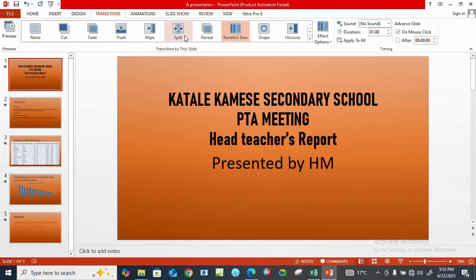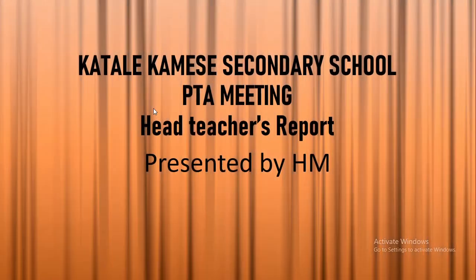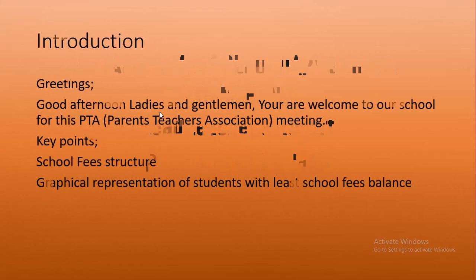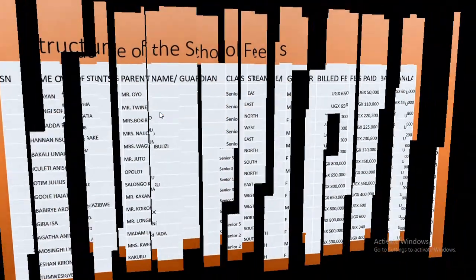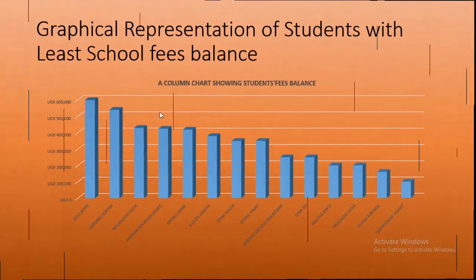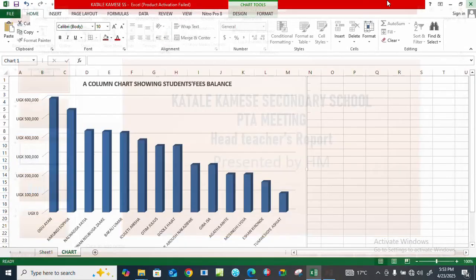I don't want to go to animation because of time, but if it is a slideshow, of course, it can be like this, it can be like that. That is it, and that is our presentation.